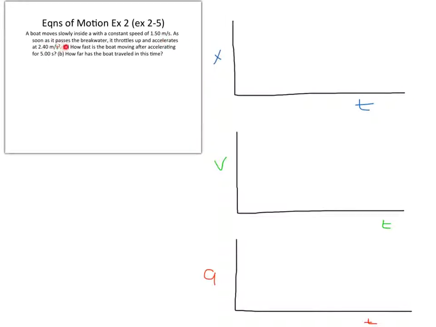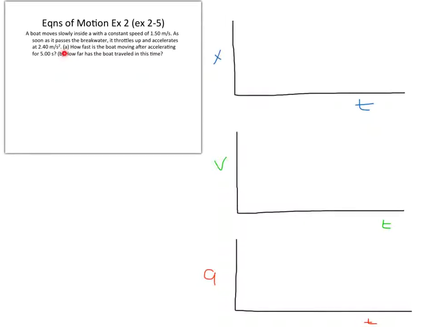As soon as it passes the breakwater, it throttles up and accelerates at 2.40 meters per second squared. And then it asks how fast is the boat moving after a certain amount of time, and how far has the boat actually traveled. But instead of solving it the traditional way, algebraically, let's see if we can envision this graphically.